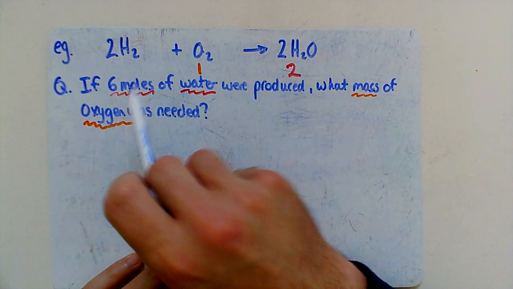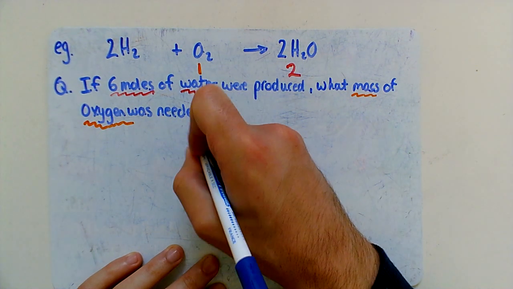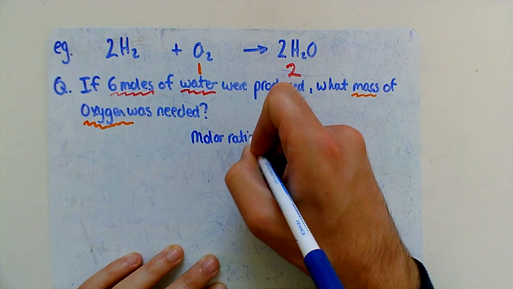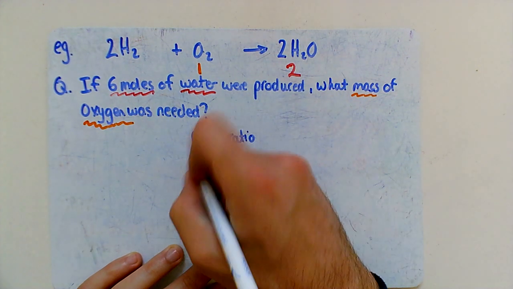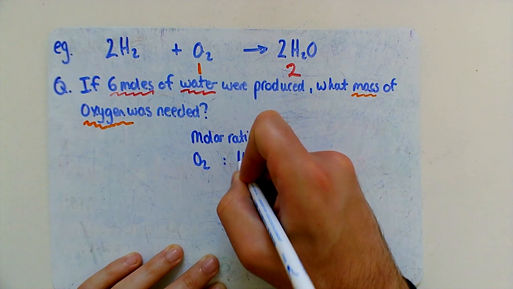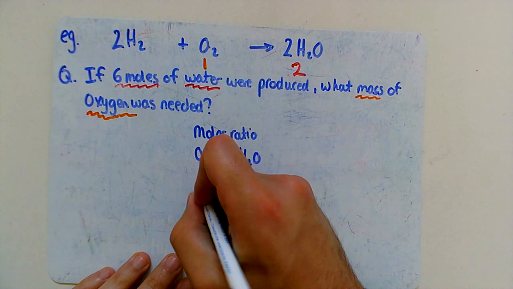So if we're starting with moles, we're going to look at the molar ratio first. So the molar ratio of oxygen to H2O is 1 to 2.